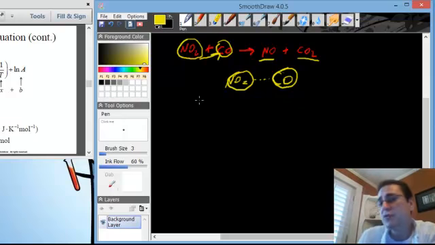Okay, well, if that's true, then the rate law should be affected by changing the concentrations of either of these, right? So if I add more particles of carbon monoxide, or if I add more particles of nitrogen dioxide, it's going to cause more of these collisions, right? So the reaction should happen faster.